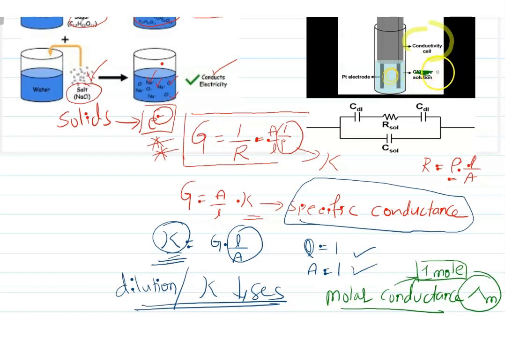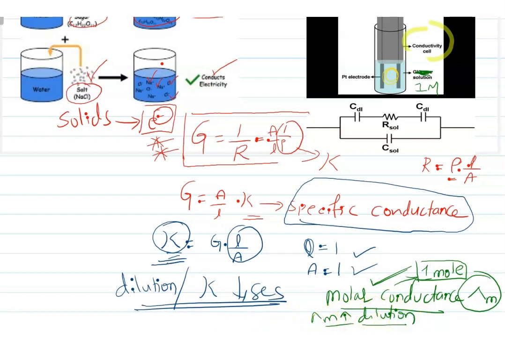Any electrolyte like NaCl, KCl or HCl, if its concentration is 1 molar, then the conductance is called molar conductance. Molar conductance increases with dilution.